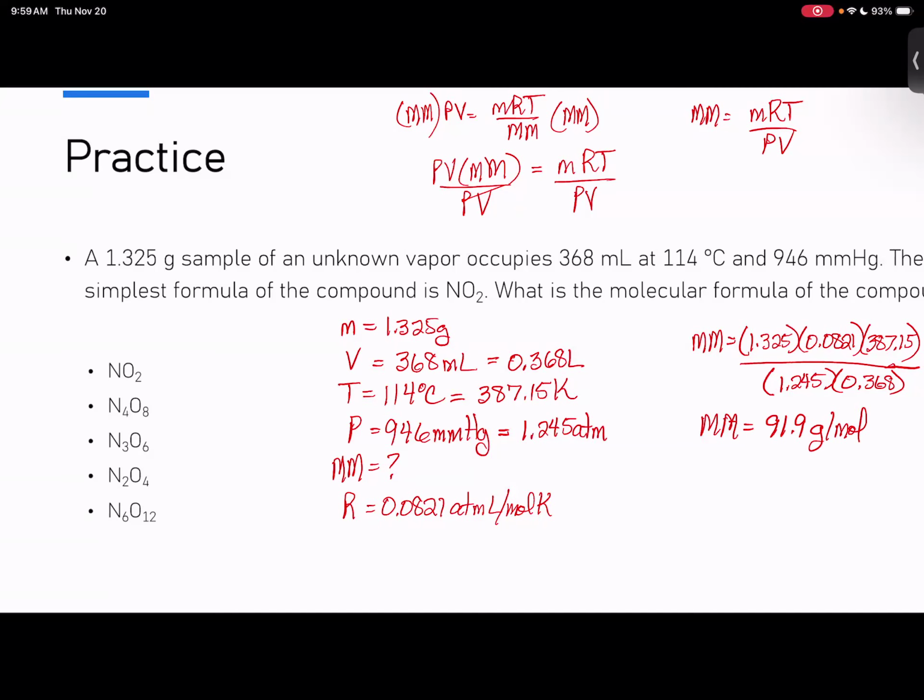Now, we have to figure out who this belongs to. So I gave you NO2. Well, NO2 means it's 14 plus 32, so we're talking 46 grams per mole. N4O8, 4 times 14 plus 8 means it's 64 grams per mole.